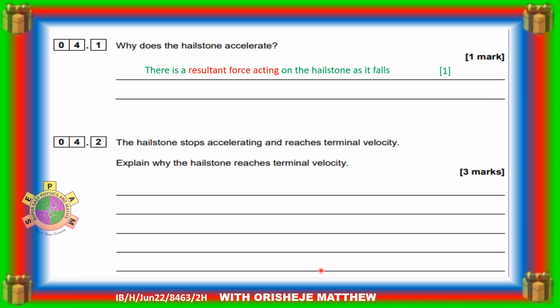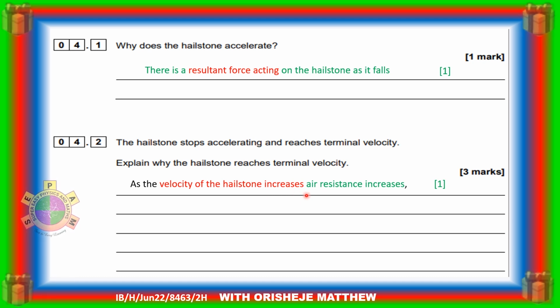Now what is going to happen is that initially, as the velocity of the hailstone increases, air resistance increases. So once it's released from the cloud, as it's dropping, its velocity will start increasing, and as it increases, air resistance will also increase. Then it will get to a point where the air resistance balances the weight of the hailstone.